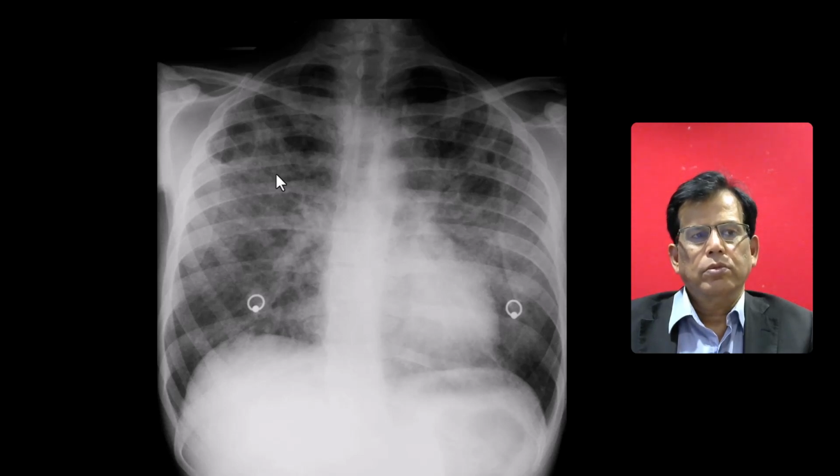My second differential would be infection. So you summarized to say perihilar opacity, then cystic changes. As I said in the beginning, the patient was unwell.